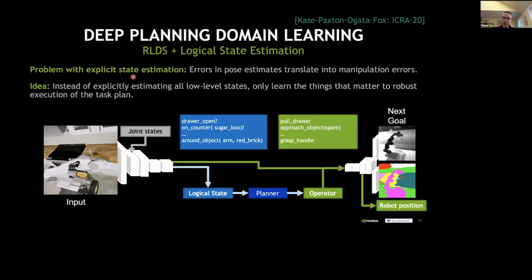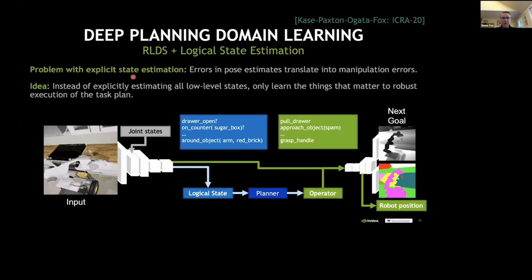In addition to the gripper position, we also impose an additional loss during training such that the network is forced to predict, for example, the future depth camera image and the future segmentation of the scene, but these are actually not necessary for the actual task execution. The task execution really focuses on this next position that the robot should reach in order to execute that operator.